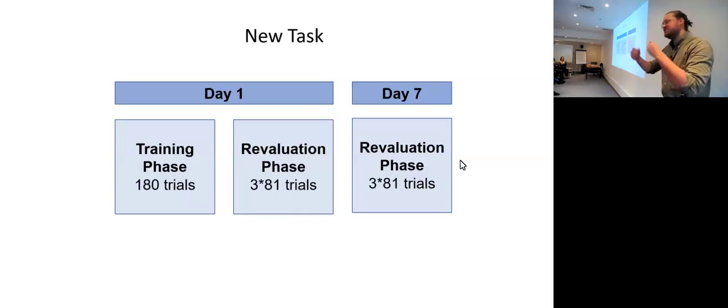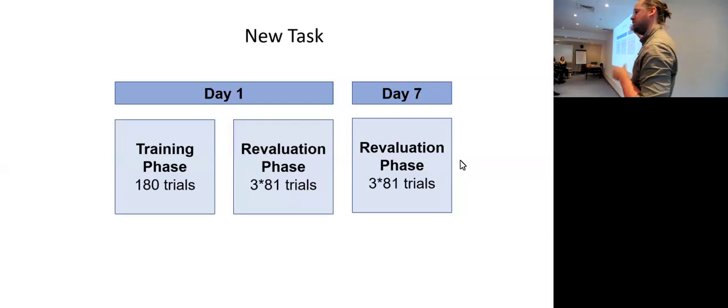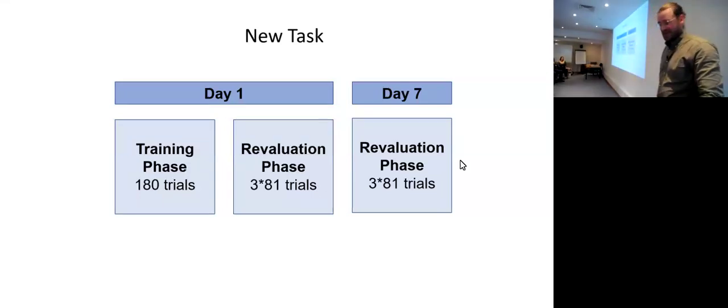First of all, this task is split into two phases: a training phase and a revaluation phase. On day one, they do a training phase, and then straight after they do the revaluation phase. Then later, we bring them back 7 days later, put them in the MEG scanner, and give them the revaluation phase again. Okay, so how does this task work?